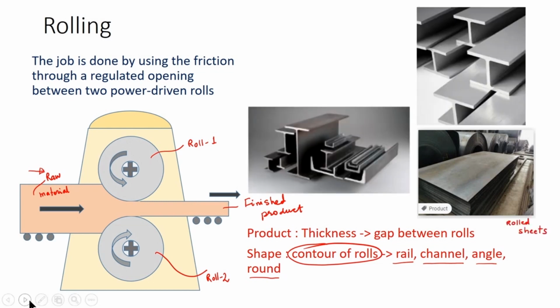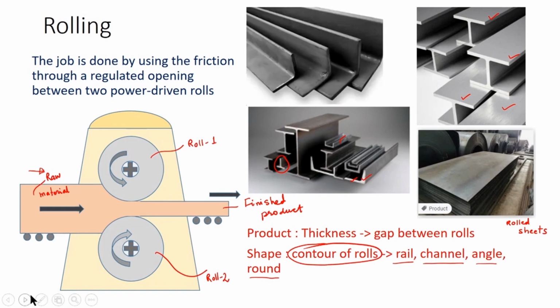Then you can see the I channels, which are often used in construction. In addition to that, we can produce a variety of angles and C channels. Here you can see the inverted T shape channel. All these channels can be manufactured by using the rolling process. This is the L channel.